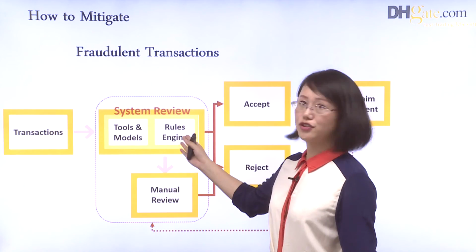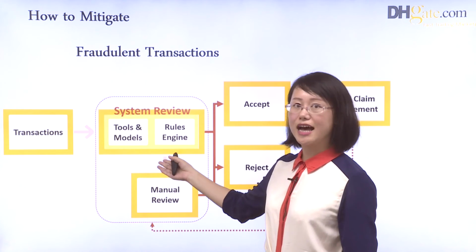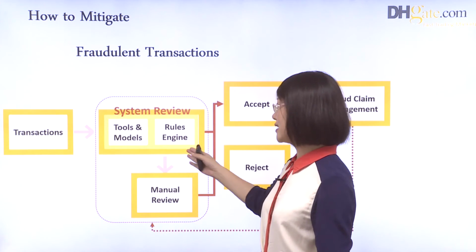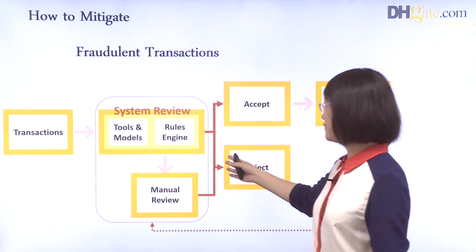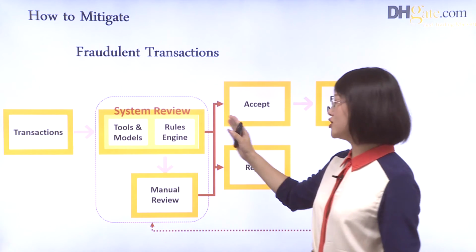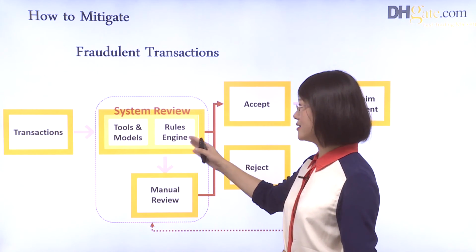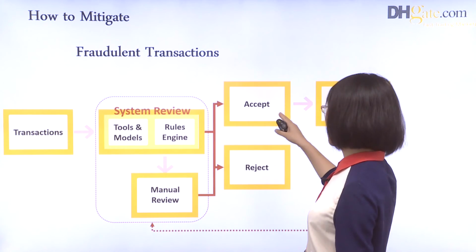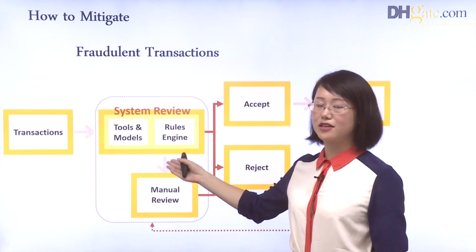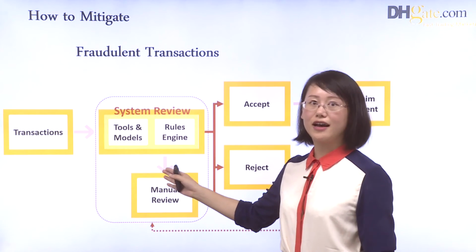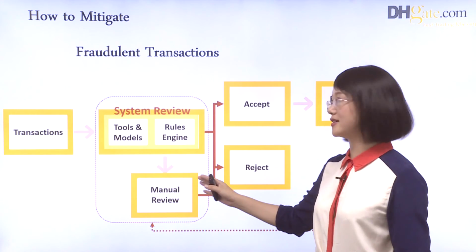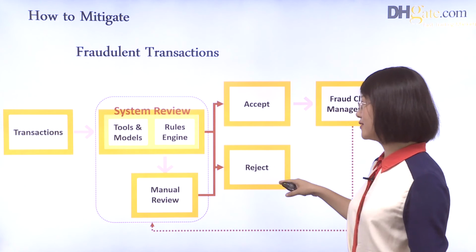The system review should be real-time detection, and all the transactions should pass the system review. If a transaction is identified as low risk, it will be accepted. And if it is identified as extremely high risk, it will be rejected.